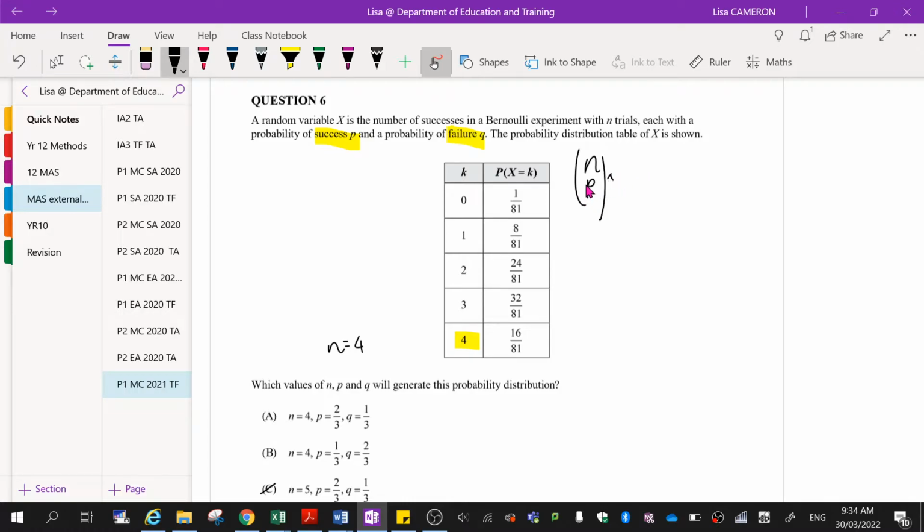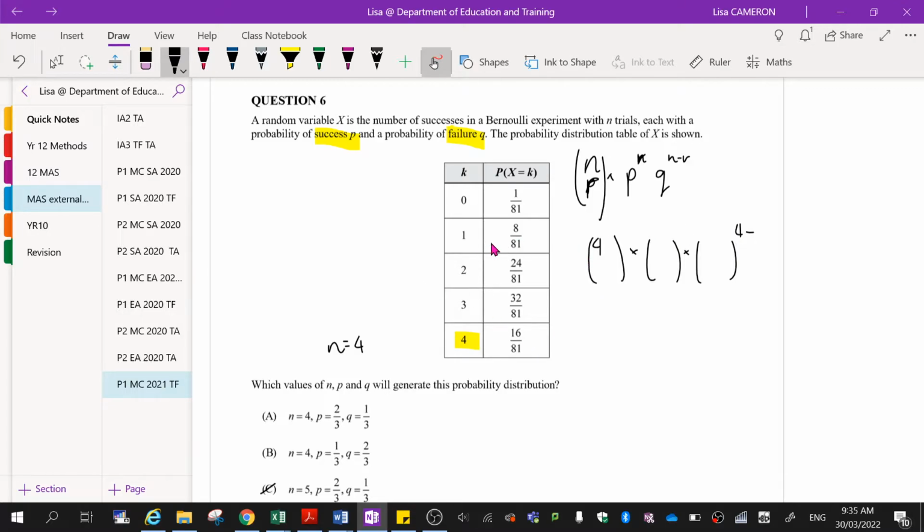So that should be nCr, P to the power of r, and then it's Q, the failures, to the power of n minus r. So we know that n is 4, so 4 over, then we're going to have our probability in here, the power of, times whatever this is, 4 minus whatever r is.